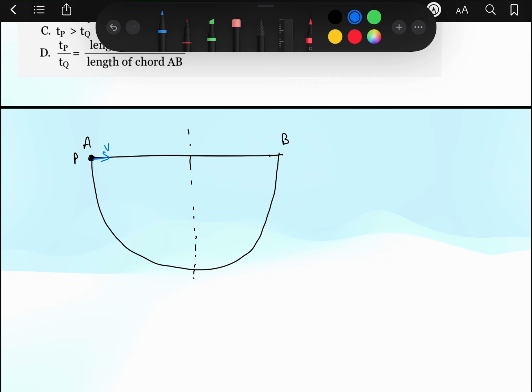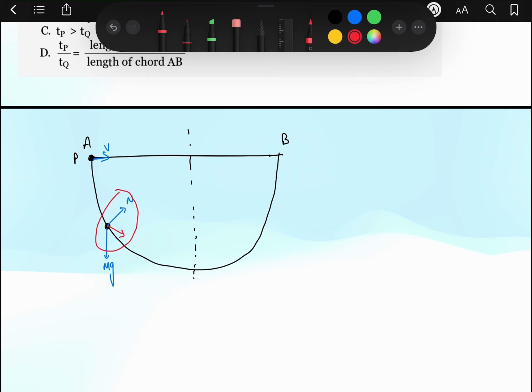Now let me assume an intermediate situation at this point. Then what will be the forces acting on this bead? One will be mg, acting in the downward direction. One will be the normal reaction acting in this direction. Just as a reasoning approach, I can assume that the resultant of these two forces, this normal and this mg, will be somehow in this direction.